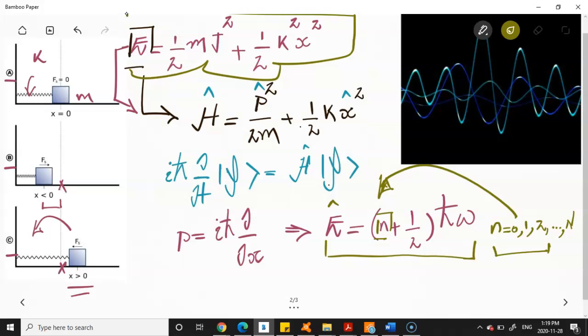Now imagine that you take n equal to 0. The energy of the quantum state becomes 1 over 2 h bar omega. That's interesting in quantum physics, because you cannot see anything comparable in classical physics.